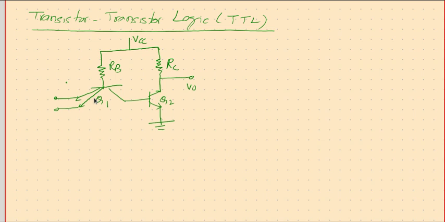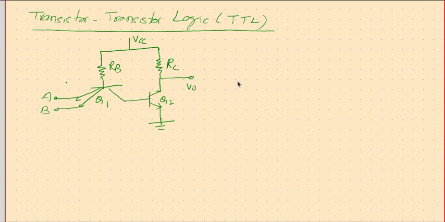So what is the action performed by this? When any of the two inputs is low, what would happen? So let's get in action.